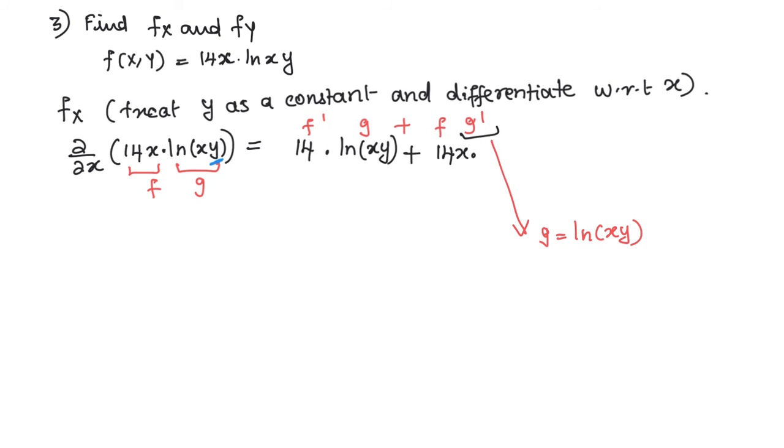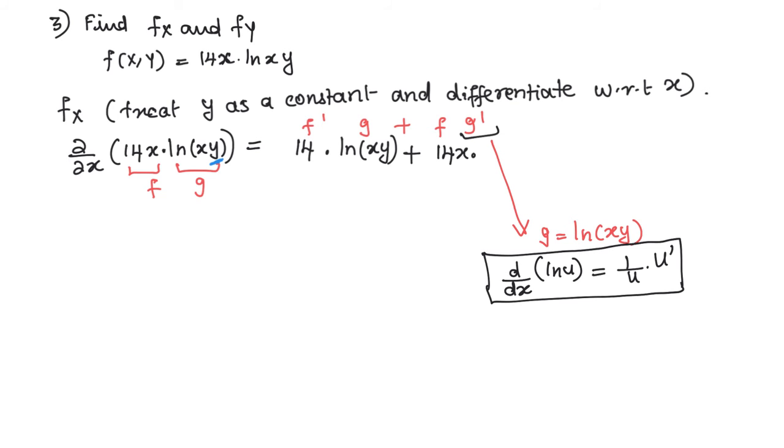G prime, the rule is if you are taking the derivative of ln of u, that is 1 over u times u prime, right, the chain rule. So we need to apply that rule. So g prime will be 1 over u, instead of u we have xy, right? So 1 over xy times the derivative of xy, but here remember y is a constant.